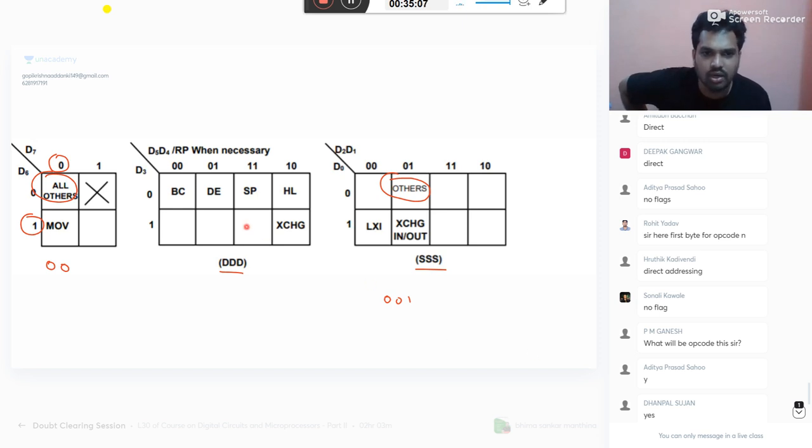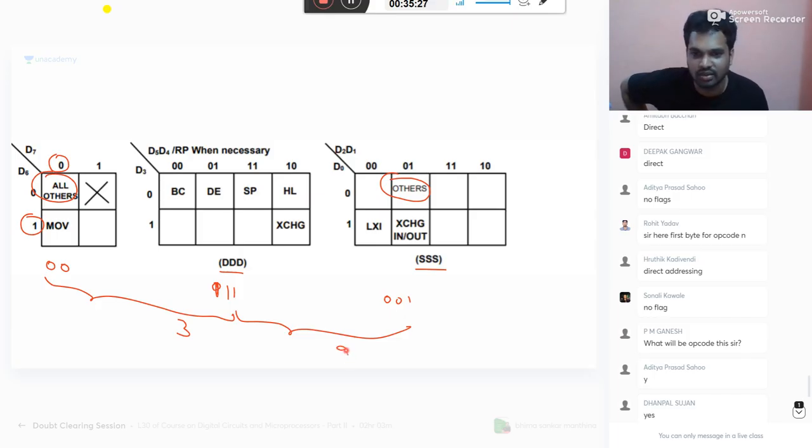Load accumulator. Accumulator means how much? Accumulator is 111. We are not sure whether I will get this or not. Don't worry, it is not required. Let's try for fun.